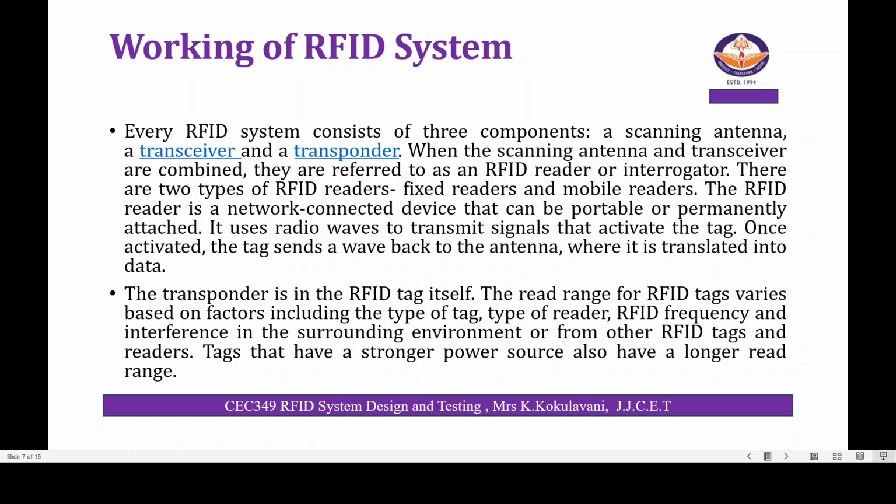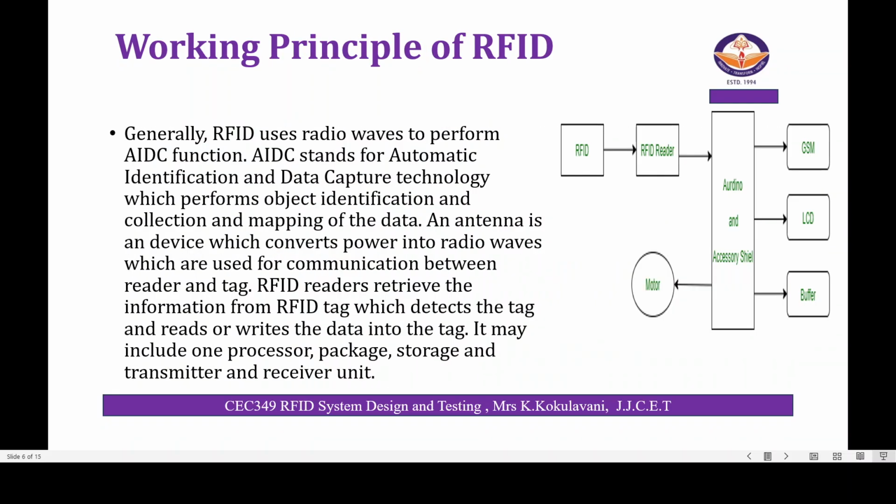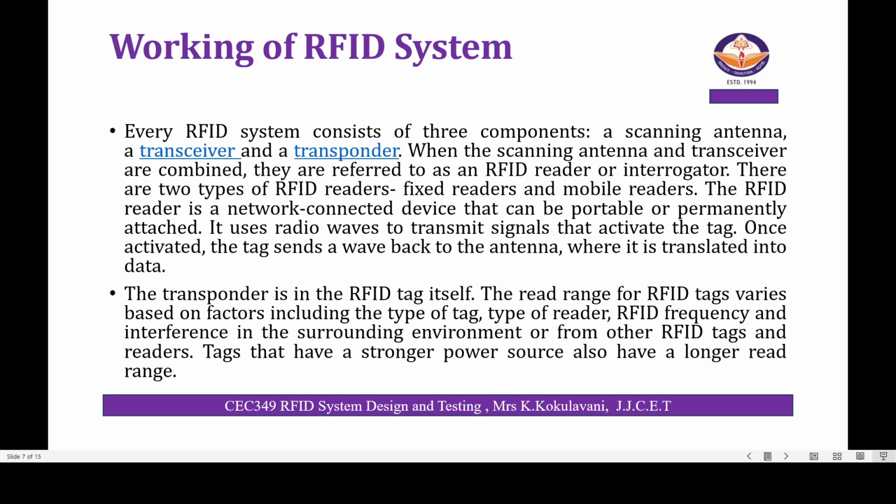Working of an RFID system. Every RFID system consists of three components: a scanning antenna, a transceiver, and a transponder. When the scanning antenna and the transceiver are combined, they are referred to as an RFID reader or an interrogator. There are two types of RFID readers: fixed readers and mobile readers.